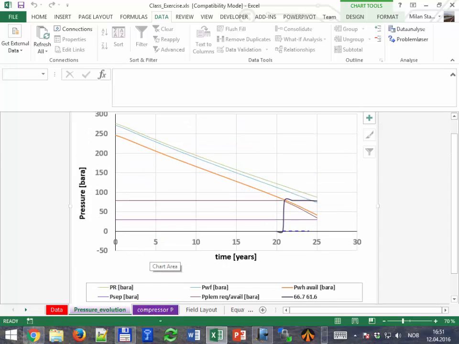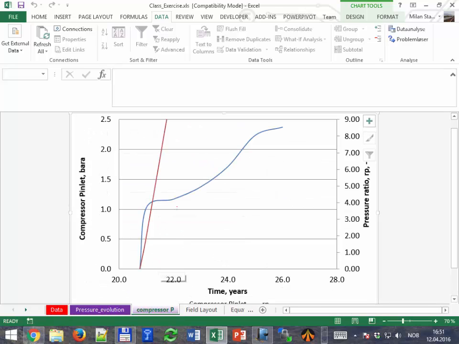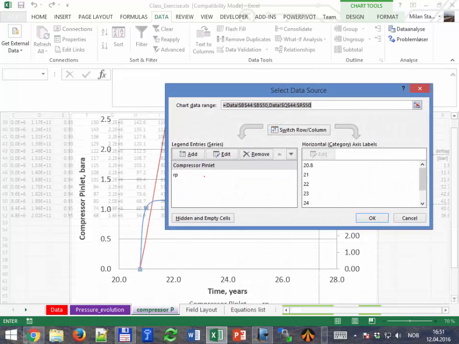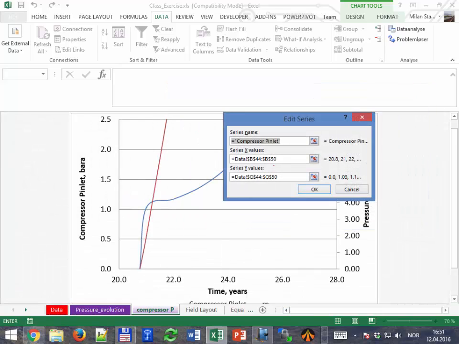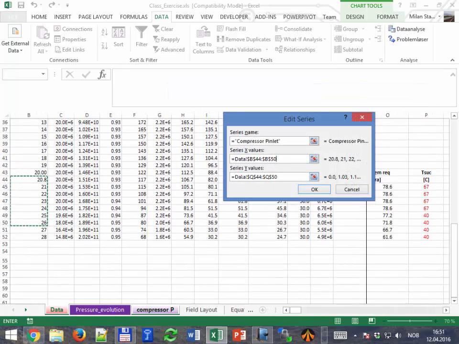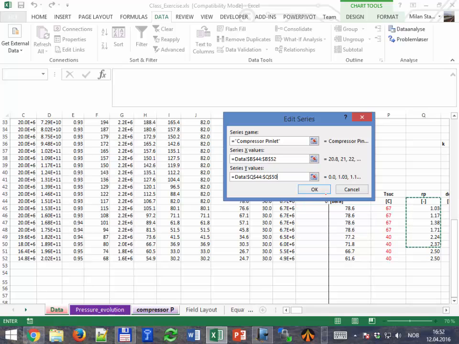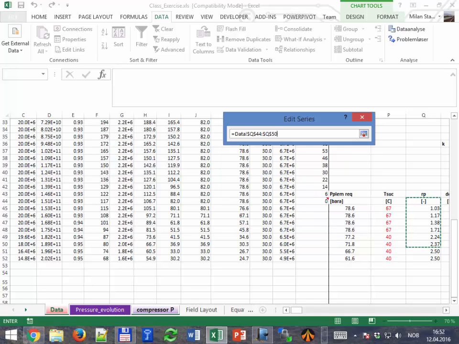I don't know what's happening here. But this one we can plot, the pressure at the inlet and the pressure ratio. Okay, so let's see, this is the pressure at the inlet. And where is that? Okay, so for all years it's up to year 52. And this is not this one, but it's actually this one, right?